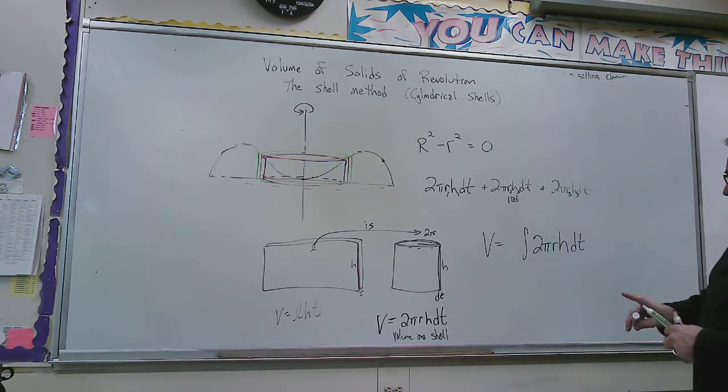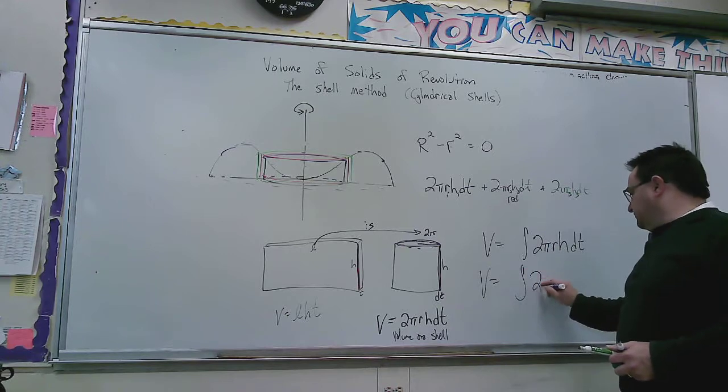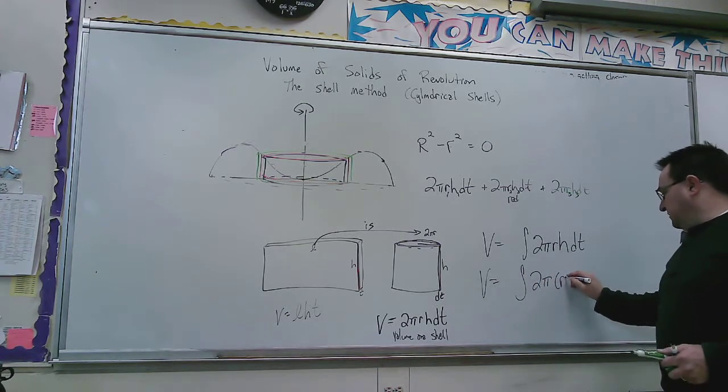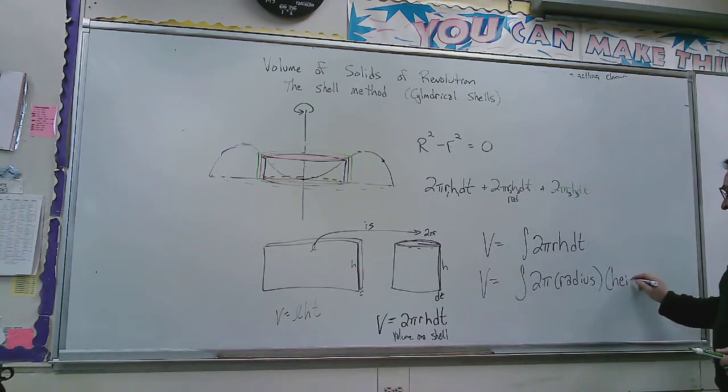So I'm going to just alter this. I'm going to write, this would be 2 pi times the radius times the height times the thickness. And that thickness is always going to be dy or dx.